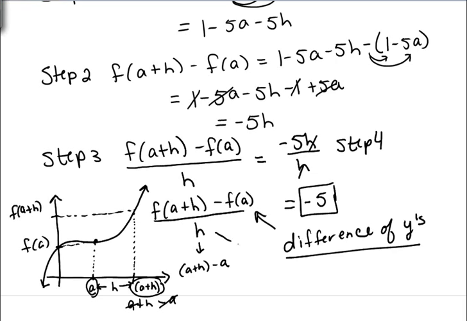And on the bottom, we have the difference of the x's. And that's what we commonly know of as the slope. And it's the slope that connects these 2 points on this graph. And so that's what we're calculating here.